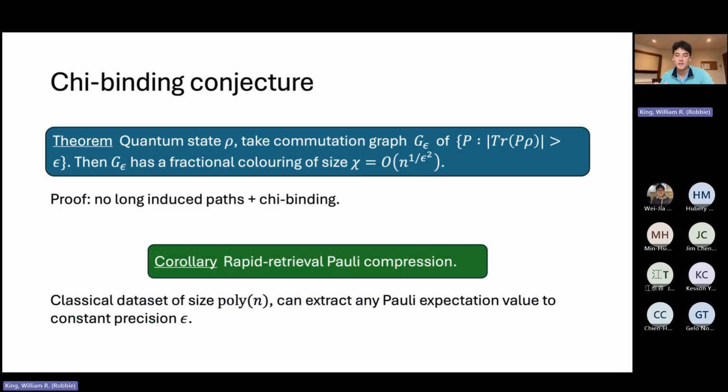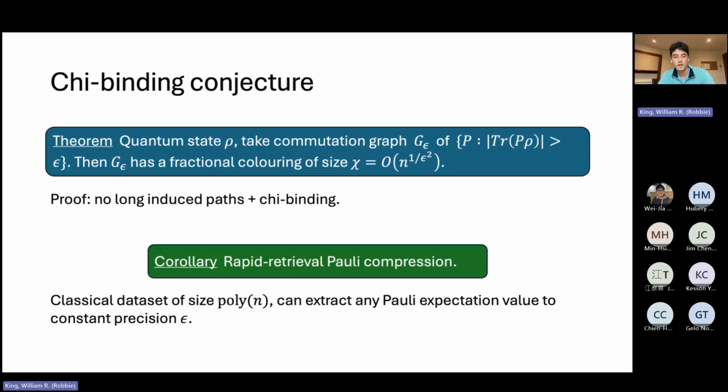But from this classical data set, you could extract any Pauli expectation value, including the sign, to precision epsilon. So we've compressed our quantum state into a polynomial sized classical data set, which encodes the expectation values of any of the 4 to the n many Paulis. So we call this rapid retrieval Pauli compression. So you can turn your state into a classical data set in this way.